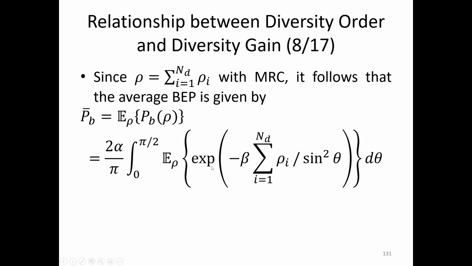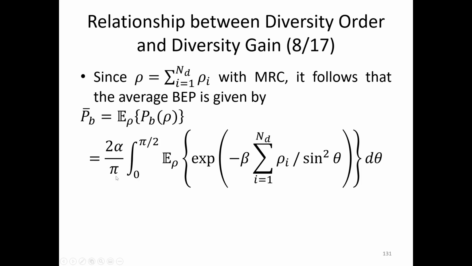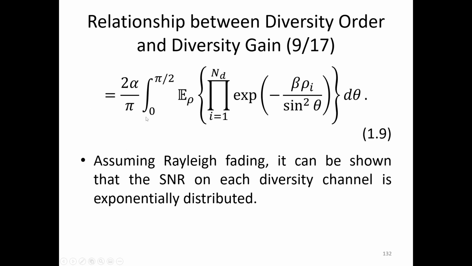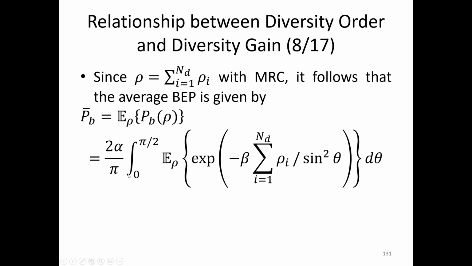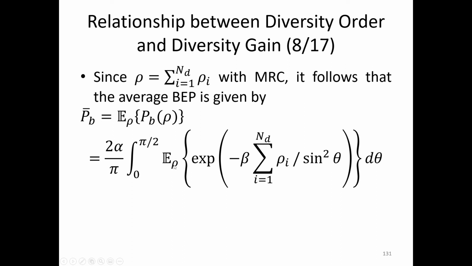Next, because the exponential of the sum of some numbers is the product of the exponential of each number, this equation can be rewritten as 2 alpha over pi, the integration from 0 to pi over 2, and the expectation with respect to rho.